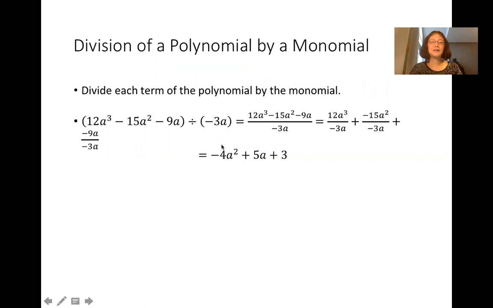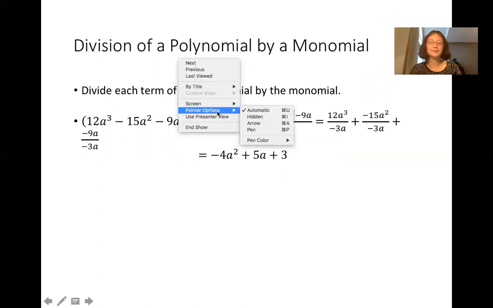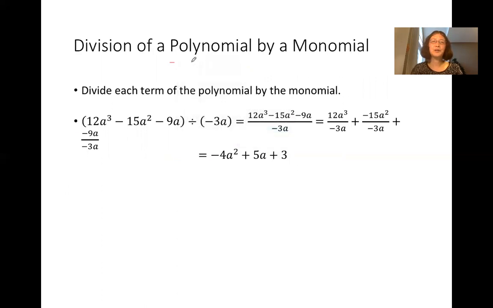So this is a division of a polynomial by a monomial. This is an example. Okay. First, you arrange this division in fraction format. This is the long line. And then each item on the top will be divided by the monomial, negative 3.